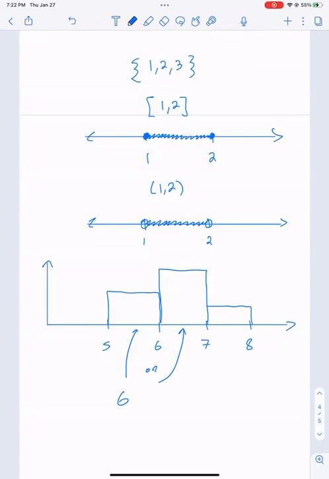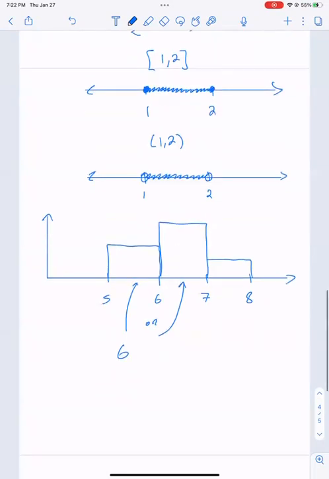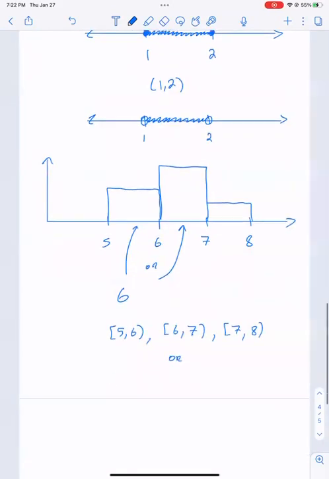And you say, well, it depends. Are your classes 5 to 6, 6 to 7, 7 to 8, or are they the other way around?